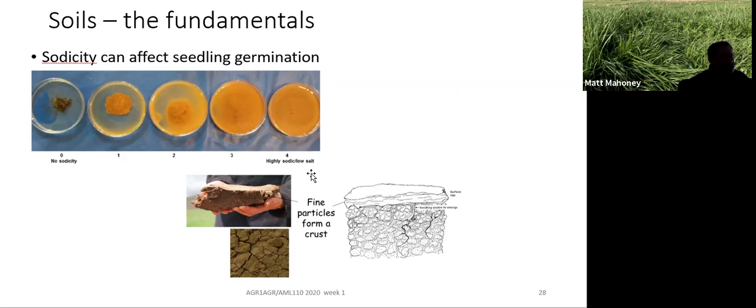And you can see here the highly sodic ones in number 4 here. You can dip your finger in that, and it's like dipping your finger in paint. I've seen that out in the field, and they need a lot of attention to get them back on track.